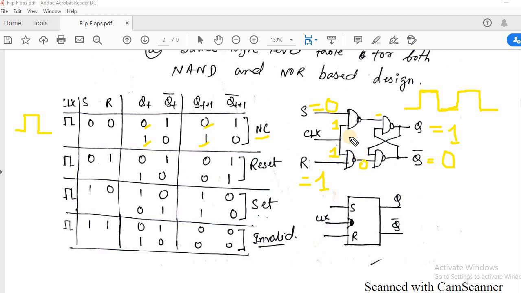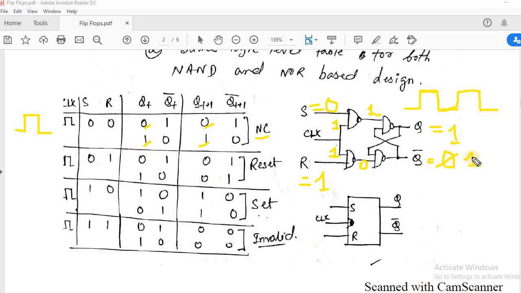So here what is the output? The output is 1. Here what is the output? It is 0. Now this 0 comes here. So 0 1 means this output is 1. Now this 1 comes here. So 0 and 1, output will be 1. So output will change to 1.